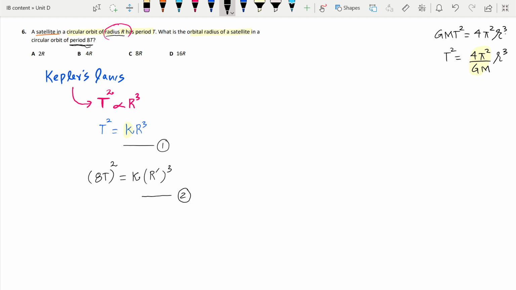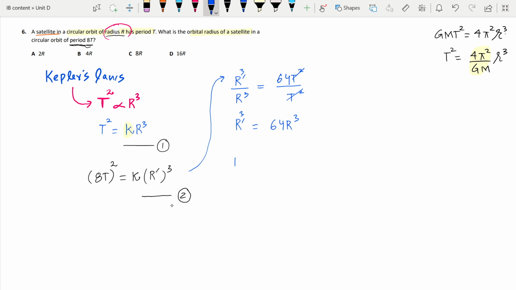From here we can make a fraction, dividing 2 by 1, and you get R prime cubed divided by R cubed equals 64 T squared divided by T squared. So we can cancel out, and R prime cubed will equal 64 R cubed.